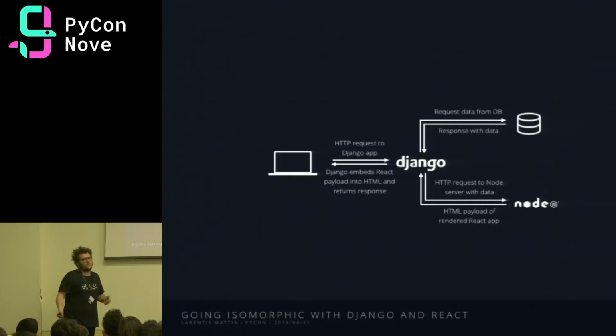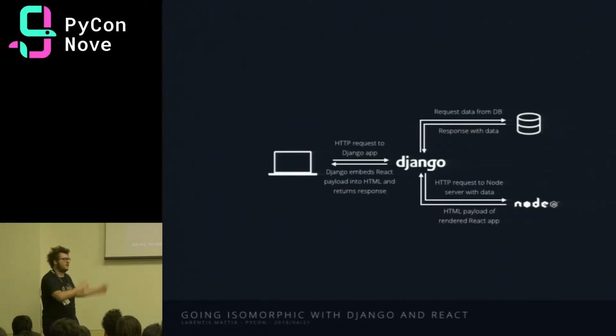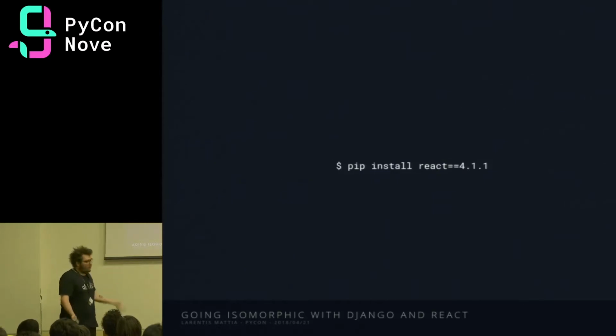And after a while, you get the response, which is basically the built HTML. Django says, OK, I have to take this stuff, put it in this place, and send the response back to the user.